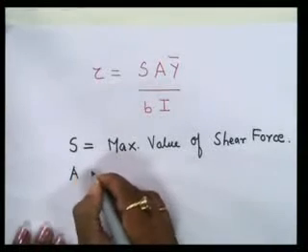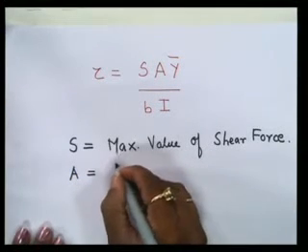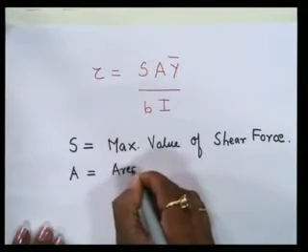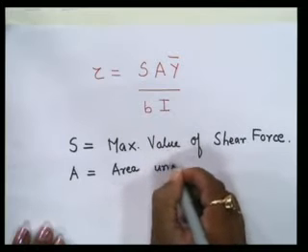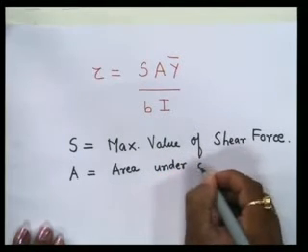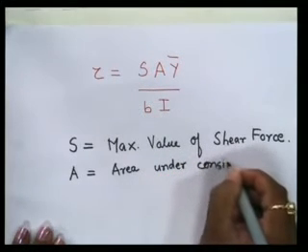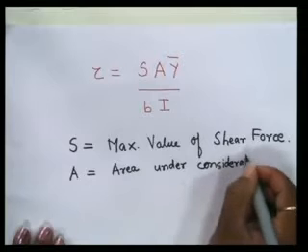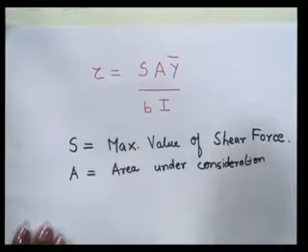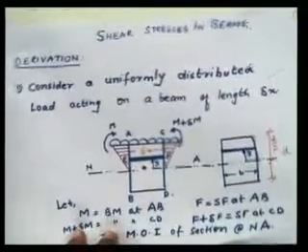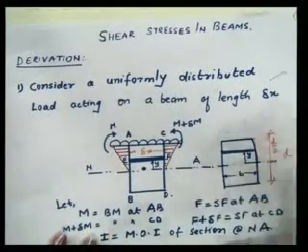Now A. What is A? A is nothing but the area under consideration. Very important. Why area under consideration? When I derived the formula for the shear stress, we had considered the area above the neutral axis.